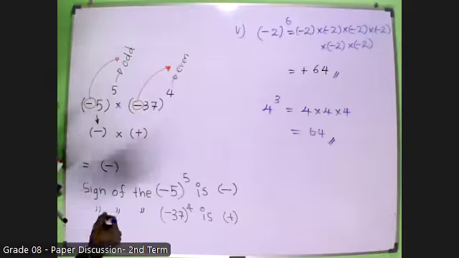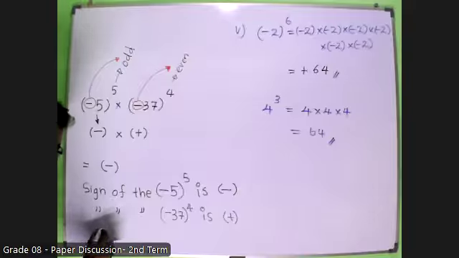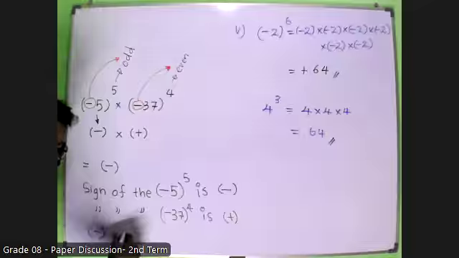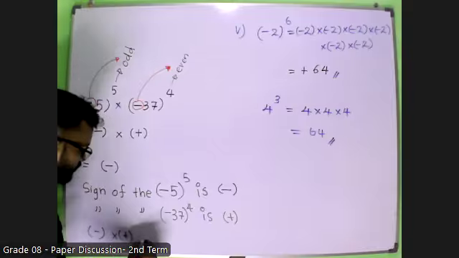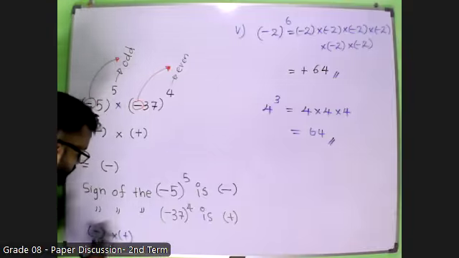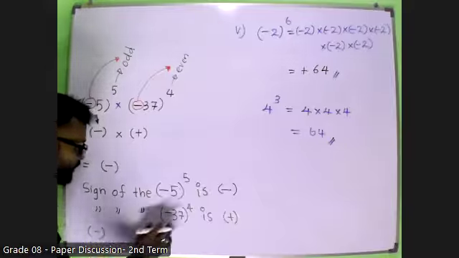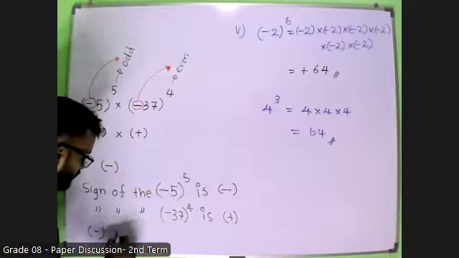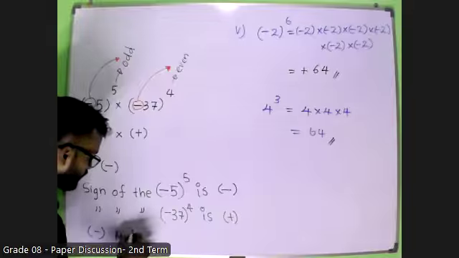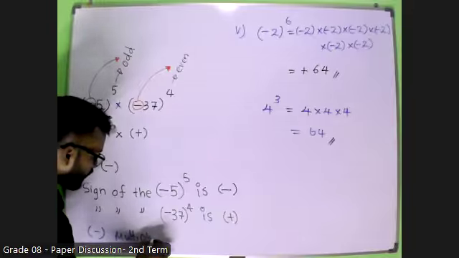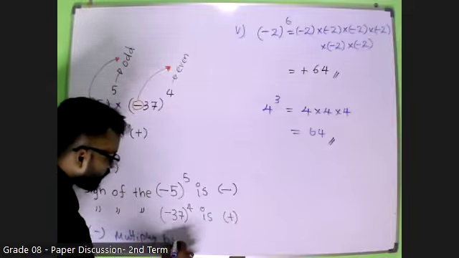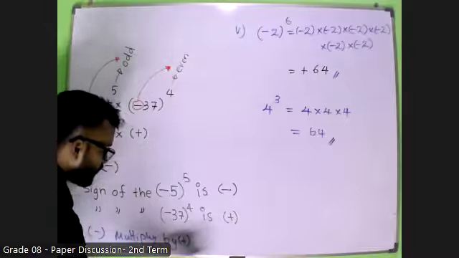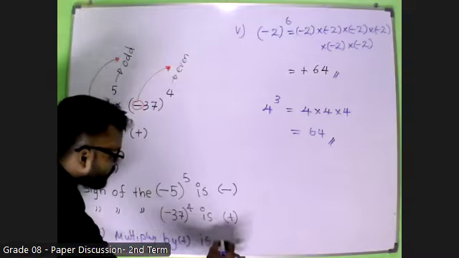Then finally, negative multiplied by positive is negative.